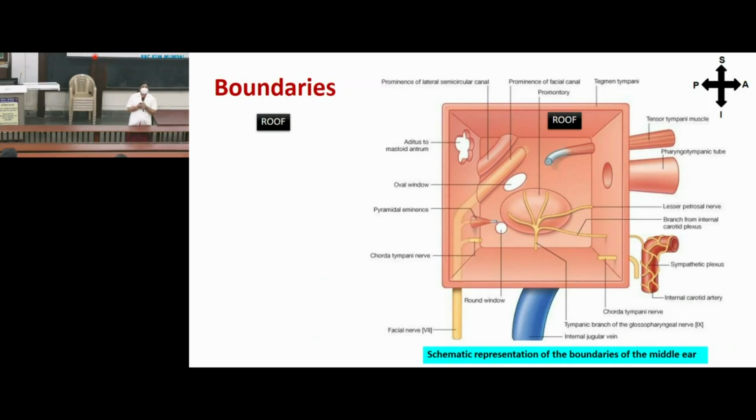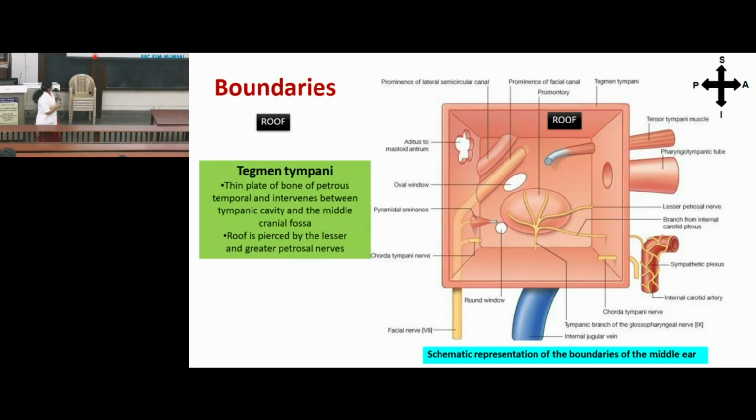Facial nerve, no. Chorda tympani, no. 2 petrosal nerves. Which 2 petrosal nerves? Greater petrosal nerve and lesser petrosal nerve. So these 2 petrosal nerves are present in the roof of the middle ear cavity. So it is formed by the petrous temporal bone and is pierced by 2 petrosal nerves.